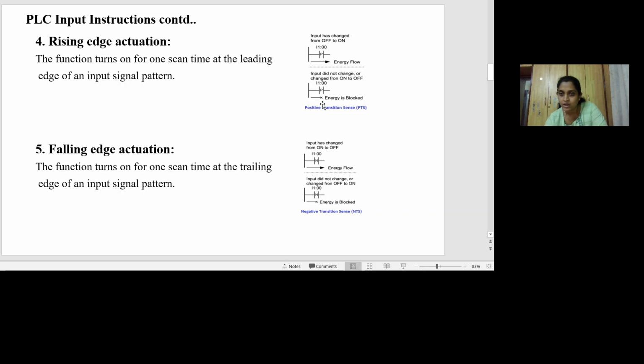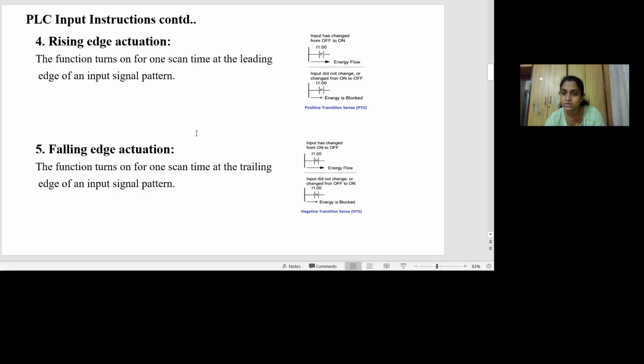And here the energy is blocked, or the connection between the two rails is ended, only when the input changes from on to off state. So this is about the rising edge actuation. On the contrary, we also have falling edge actuation.